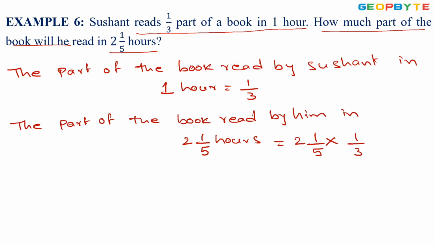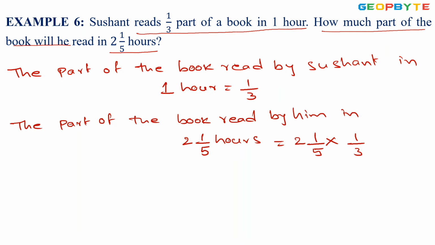In 1 hour, Sushant is reading 1 by 3 part of the book. So we need to calculate how much part of the book he will read in 1 by 5 hours. In 1 hour he is reading 1 by 3rd of the book. So in 1 by 5 hours it is 1 by 5 into 1 by 3.